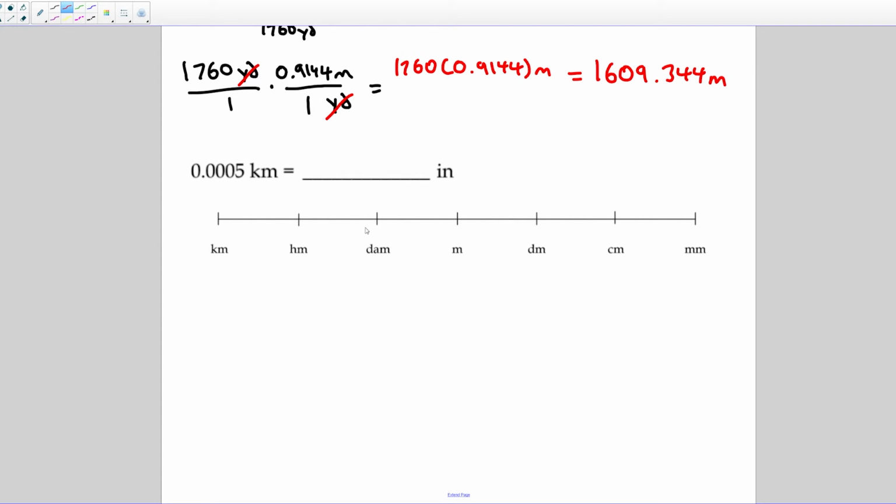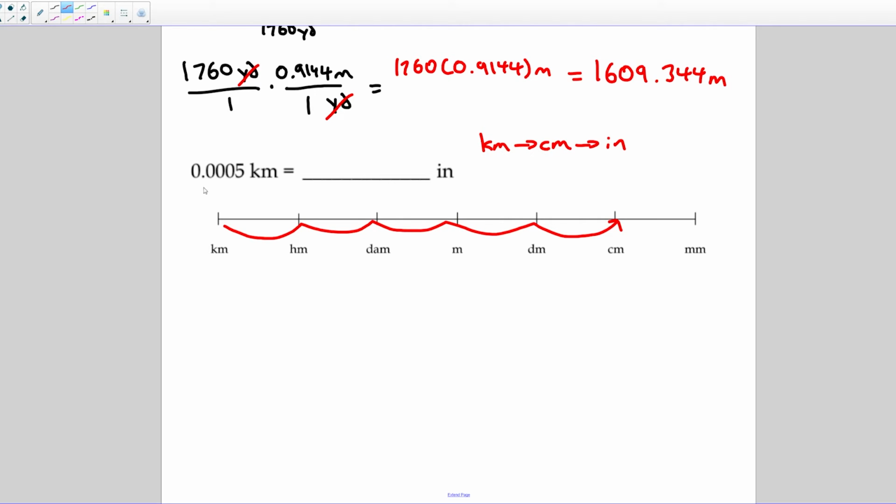With our last example here on this page, we're actually going to use the help of our little scale from the previous pages. And we see that we are going to convert from kilometers into inches. So coming up with a plan here, we're going to go from kilometers into centimeters and then finally into inches. So we can see here to go from kilometers to centimeters, we're going to need to make 1, 2, 3, 4, 5 jumps towards the right.